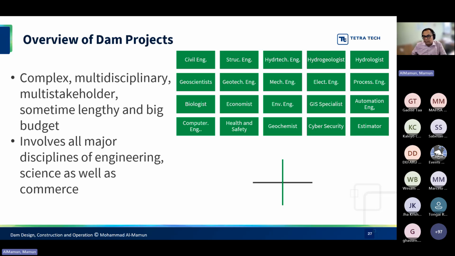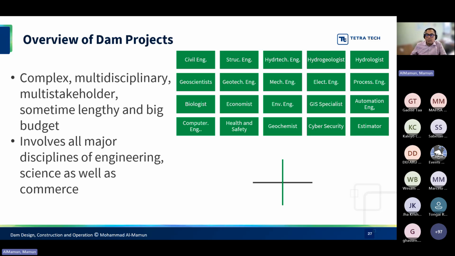I'm assuming you are all geotechnical or geological engineers, and we do have a big part in the design, construction, and operation of dams, but as you can see, pretty much all major disciplines are involved: civil, hydrogeologist, hydrologist, geoscientist, mechanical, electrical, process, biologist, economist, environmental engineer, automation, GIS, computer science, and geochemist. There are probably more that I haven't listed here.